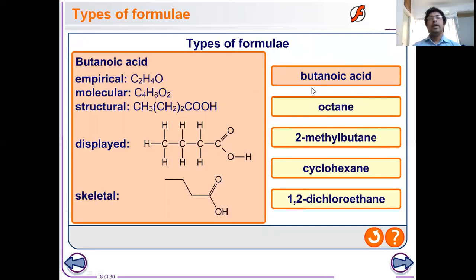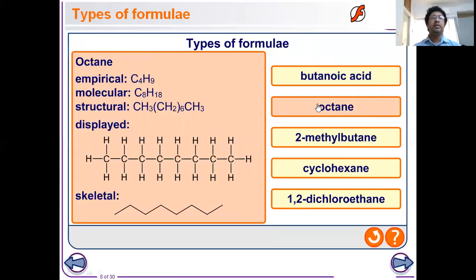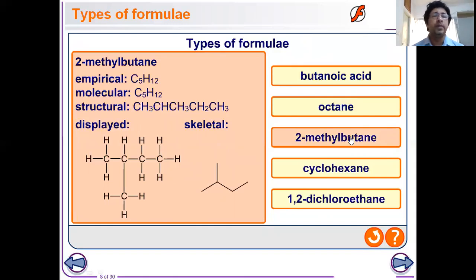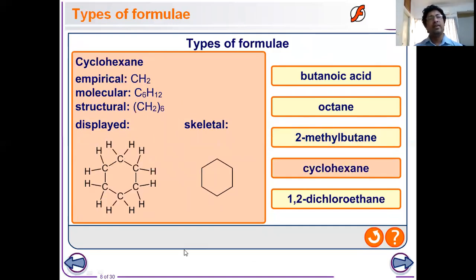Okay. In a similar way, all the different types of formula of octane can be shown according to this figure. I'm not going to explain it. If you understand one example, then you should be able to understand others as well. Then pentane, 2-methyl butane, cyclohexane.